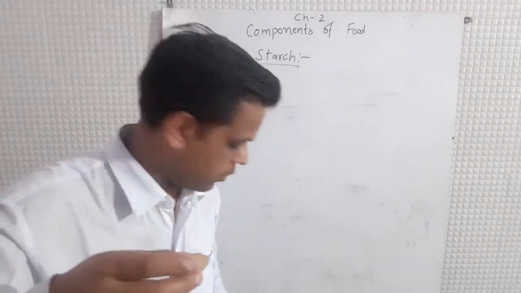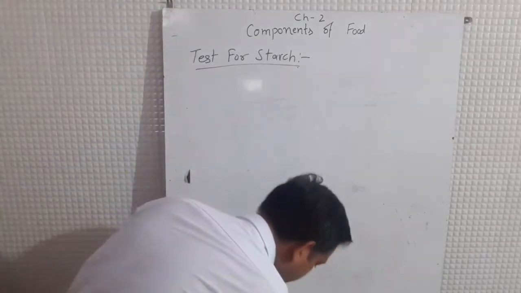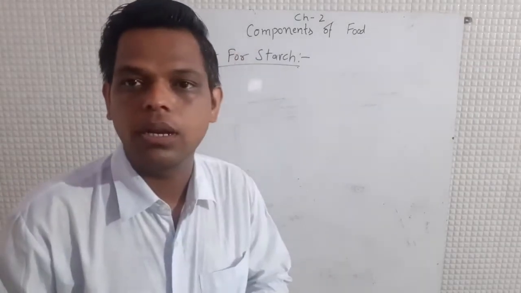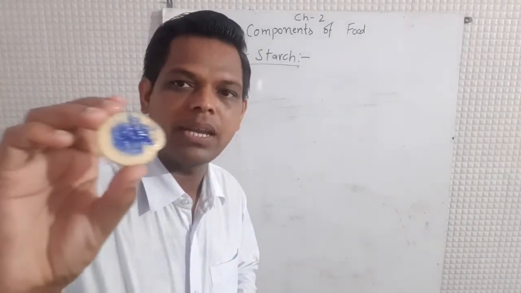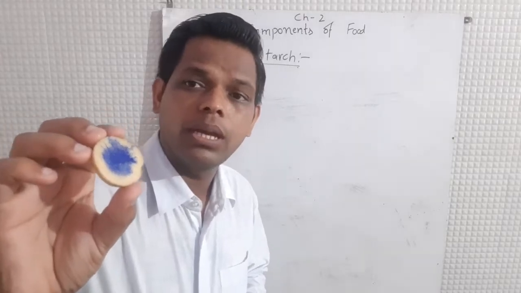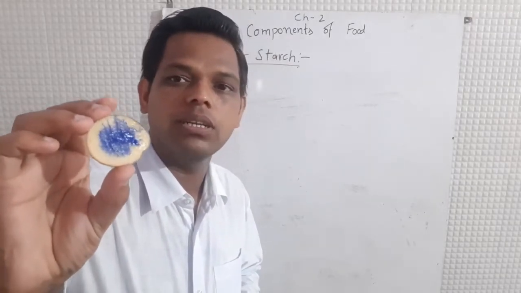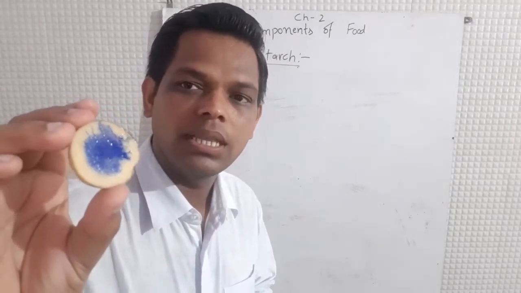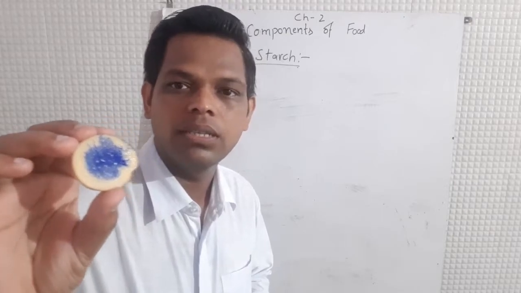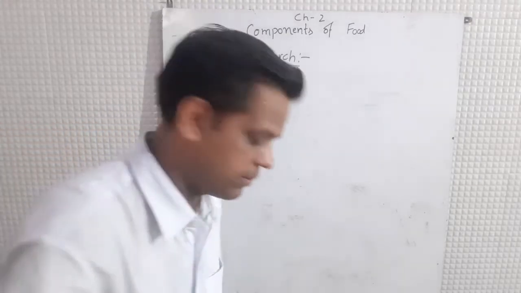After some time, you will find that this piece of potato turned blue-black. Appearance of blue-black color indicates the presence of starch. You can test any other food item by using iodine solution. If it turns blue-black, that food item contains starch, otherwise it does not contain starch.